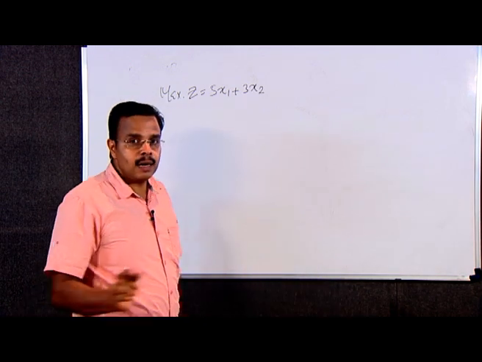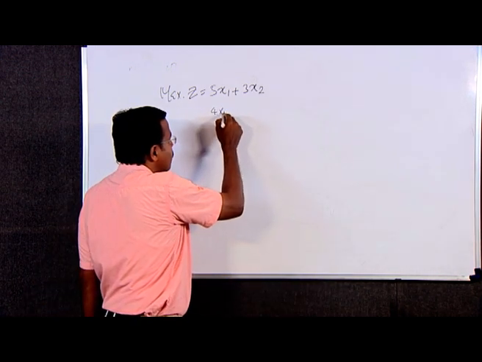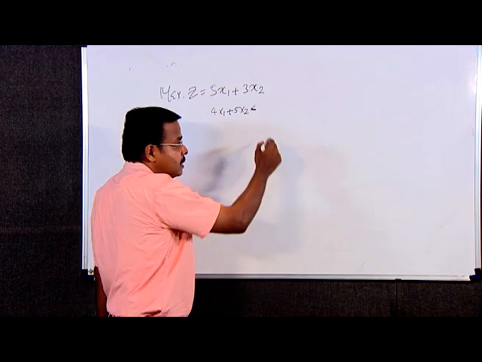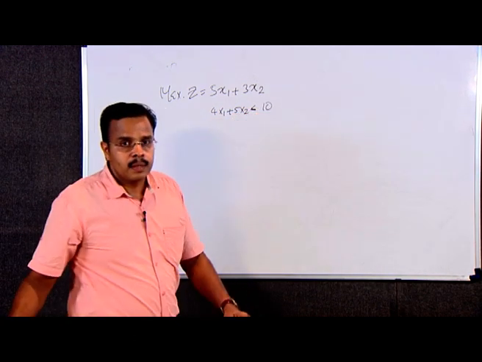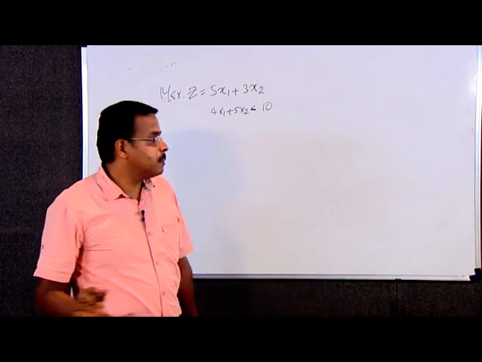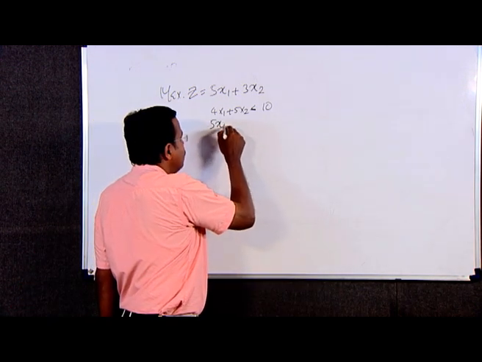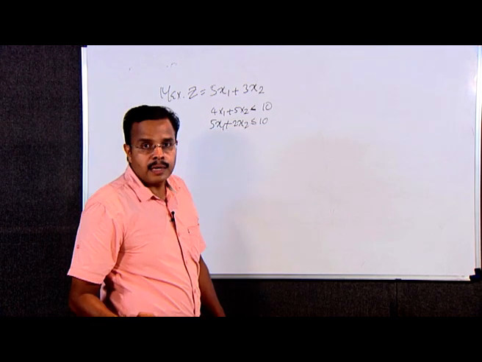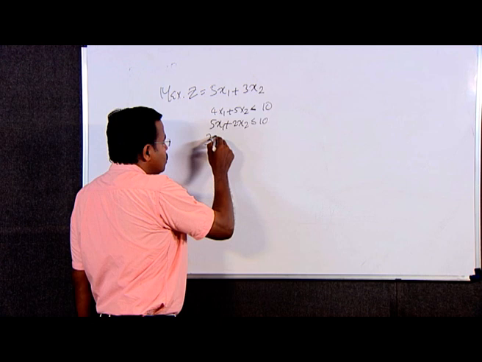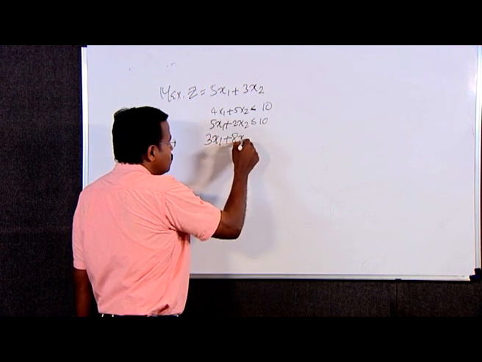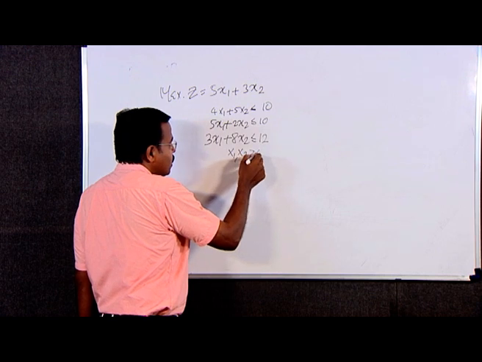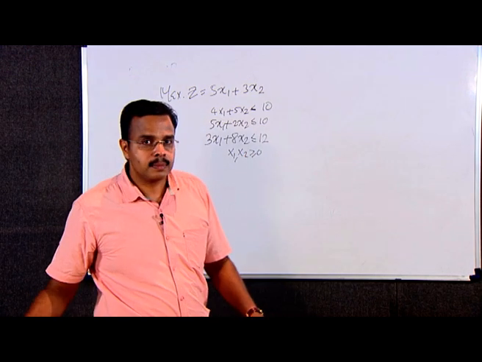The constraints are 4x1 plus 5x2 less than or equal to 10, then 5x1 plus 2x2 less than or equal to 10, and 3x1 plus 8x2 less than or equal to 12, and finally x1, x2 greater than or equal to 0.